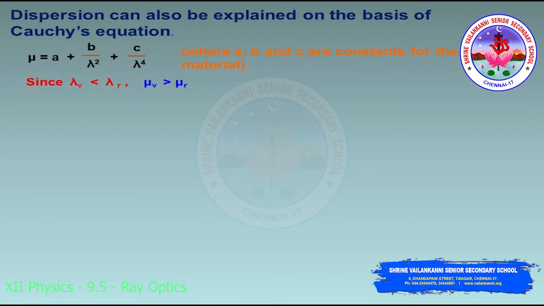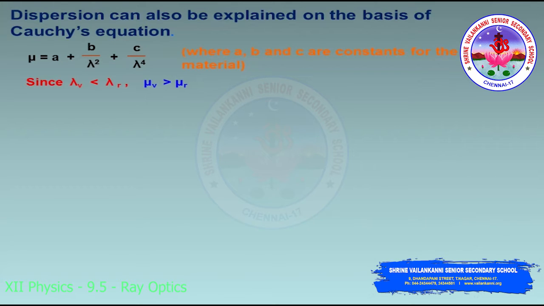A into mu minus 1. Here the wavelength of violet is less than the wavelength of red, or we can say mu v is greater than mu r.